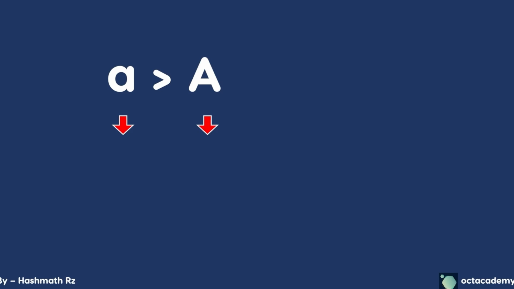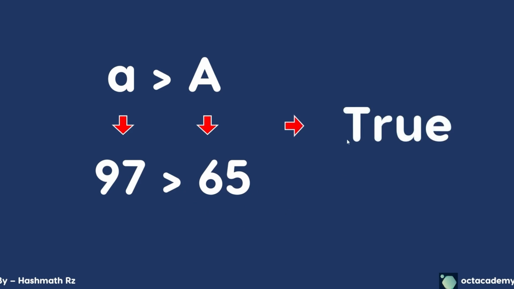Now these both values are strings, so first JavaScript will convert them to Unicode values. The lowercase a Unicode is 97 and the capital A Unicode is 65. So now these two values are numbers. Therefore, the greater than operator can execute this comparison, and it will return a true Boolean value.